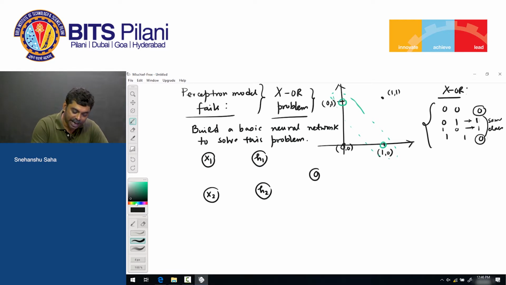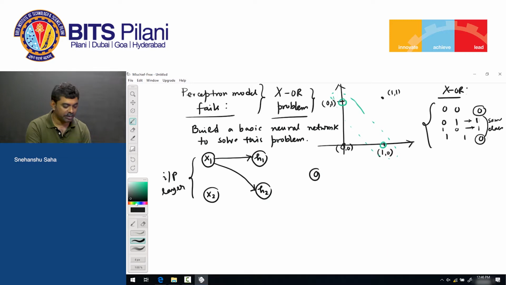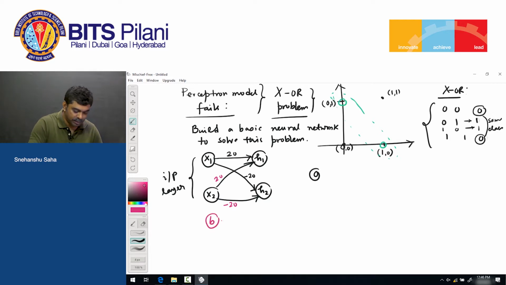I have the connections between each neuron in the input layer and the neurons in the hidden layer, with some weights. And then there is a bias unit over here which has some weight, it's 30.